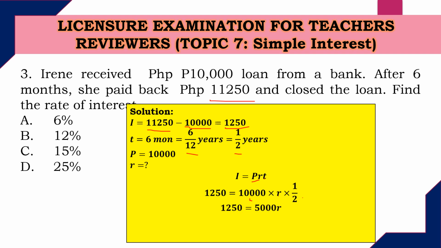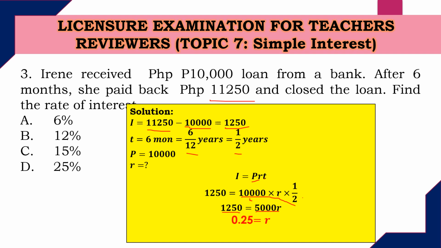So, 1,250, if we get the product of 10,000 times R times 1/2, that is equal to 5,000R. And since R is what we are looking for, we are going to divide both sides of the equation by 5,000.